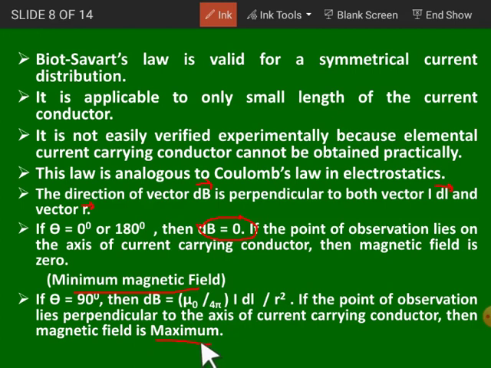That means the magnetic field produced by the elemental conductor is maximum when the position vector R is perpendicular to the elemental current carrying conductor, normal to it. Then it will give you the maximum magnitude of the magnetic field.